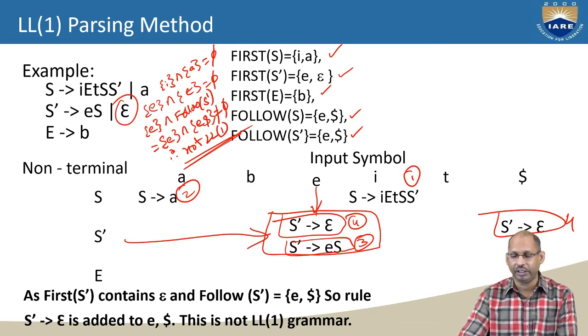So in deriving strings, the parser will give multiple derivations, which leads to errors.